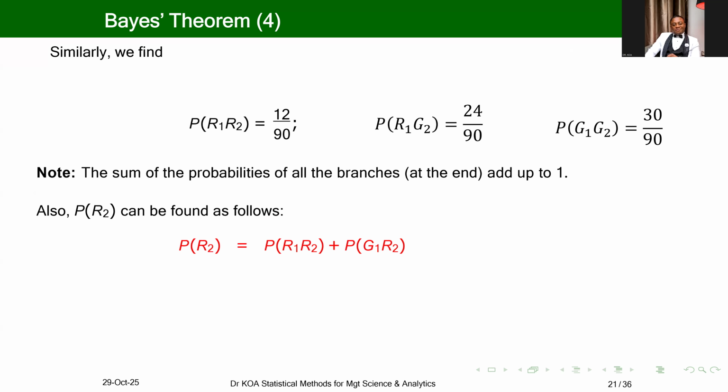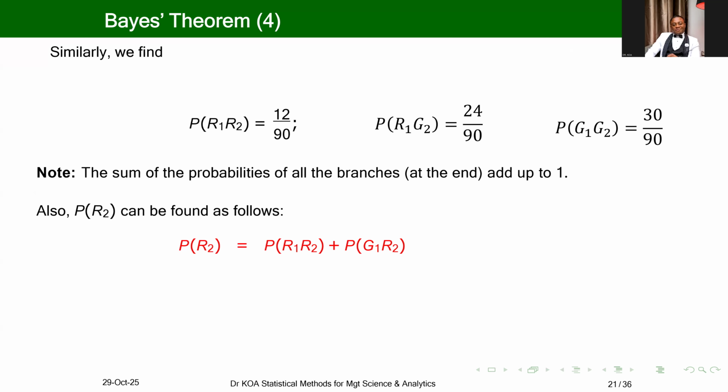And so when you want to find any of the total probabilities, you can now sum them. So for example, if I want to know the probability of R2, I can take the probability of R1, R2 plus the probability of J1, R, J2.